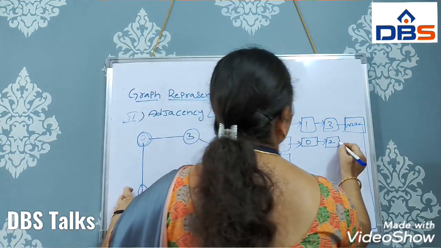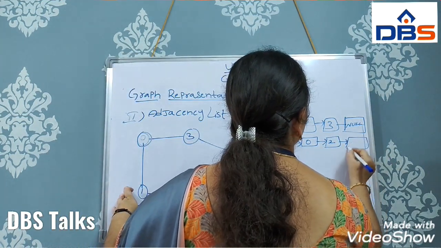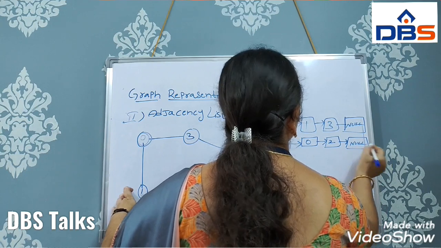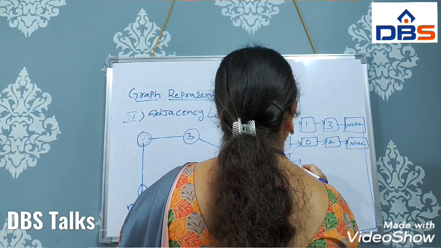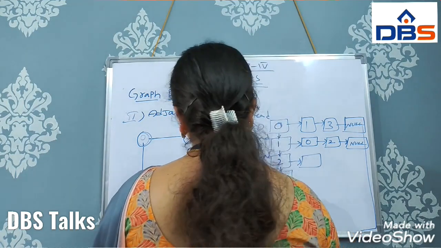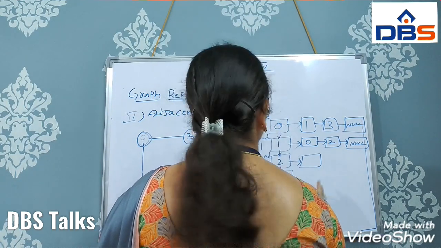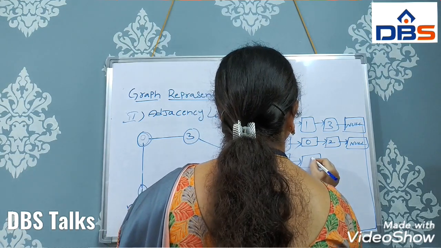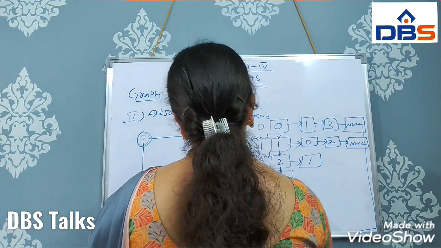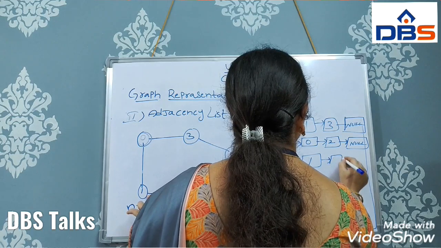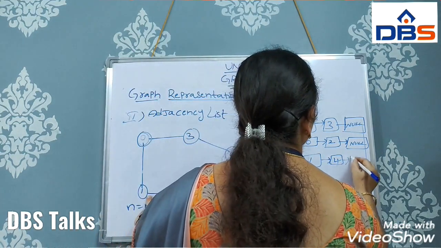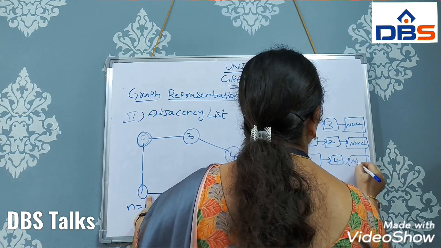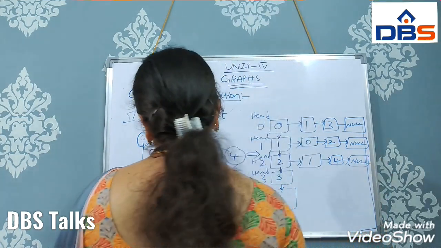There is nothing else, so we represent it with null. Next, 2 to 1 and 2 to 4. Then the next one is a null pointer. The last cell is stored with a null pointer.